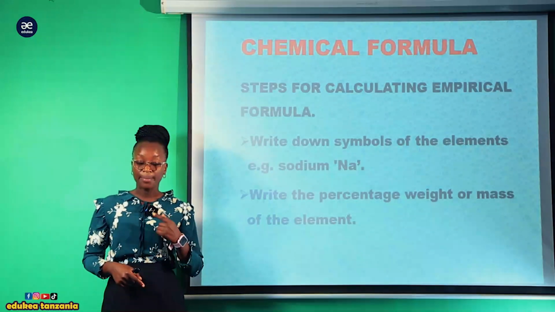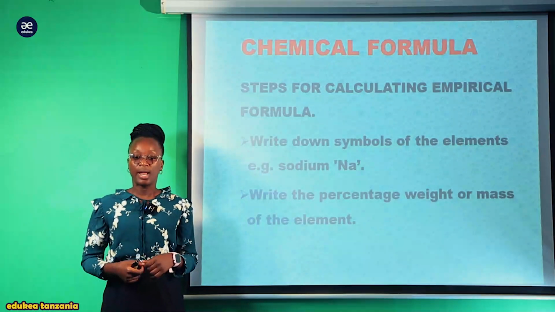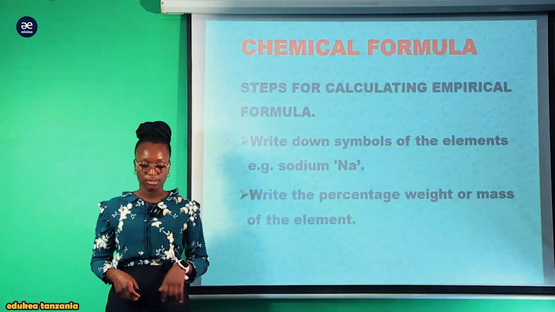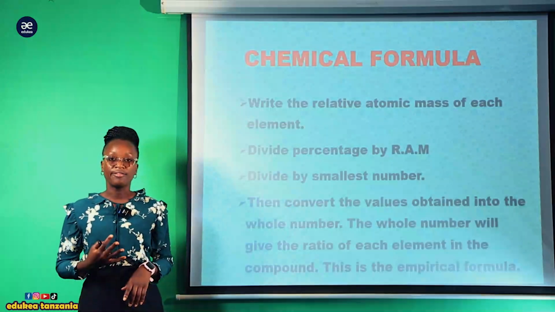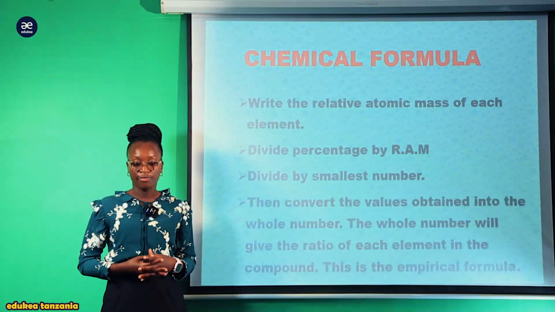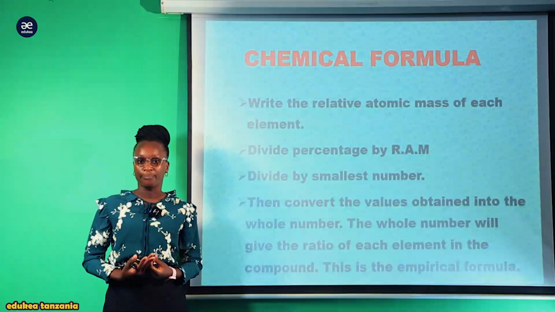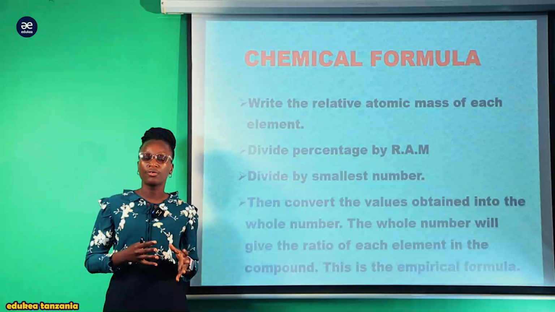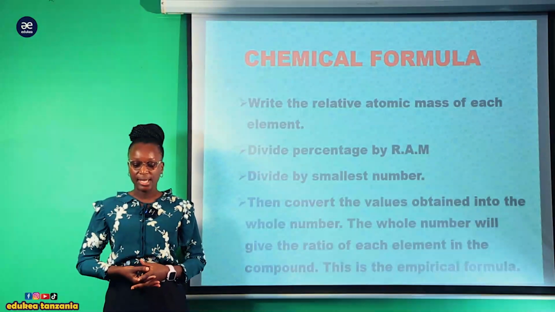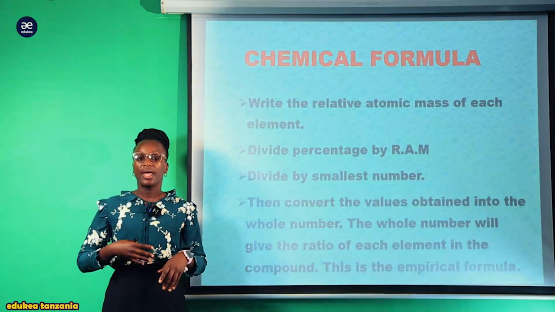So hapa step ya pili tunaandika percentage weights or mass of the element ambayo mostly unakuwa given. Another step is write the relative atomic mass of each element. Kwamba relative atomic mass tunaongelea ile sum of the number of protons and the electrons of the atom or element. So you are required to write the relative atomic mass of the element.